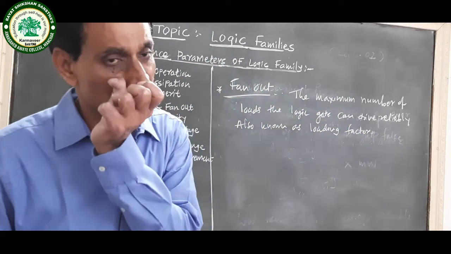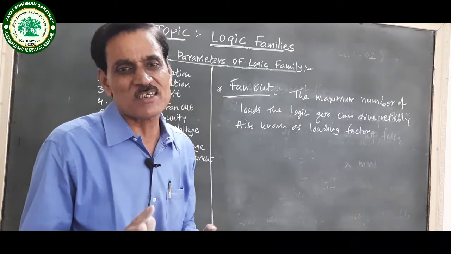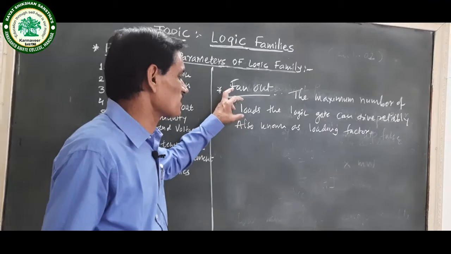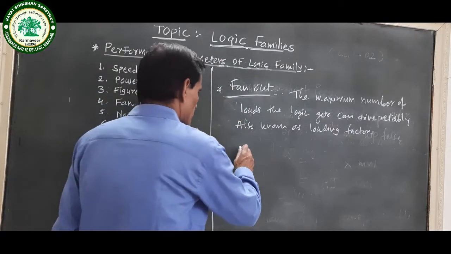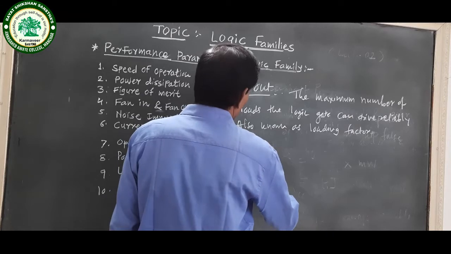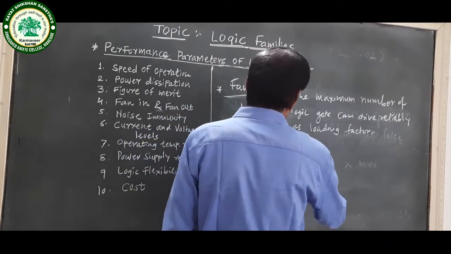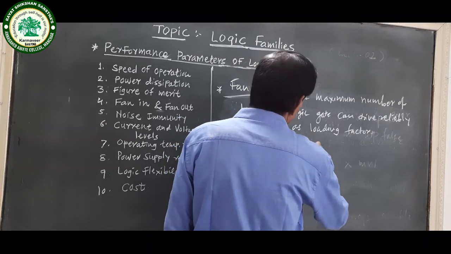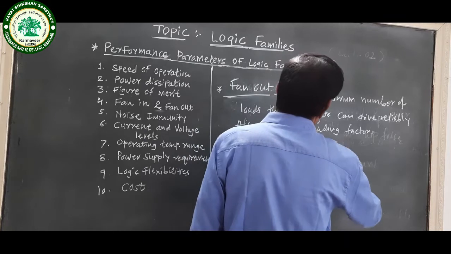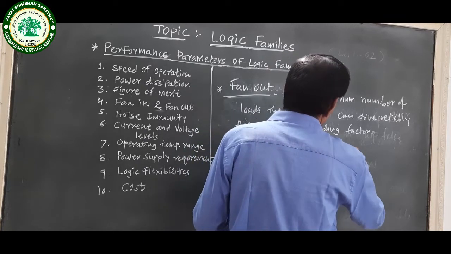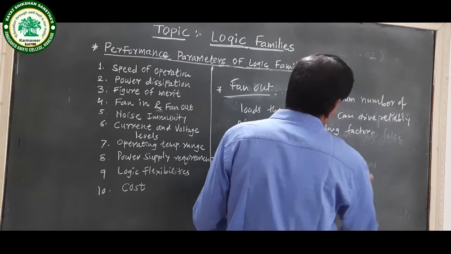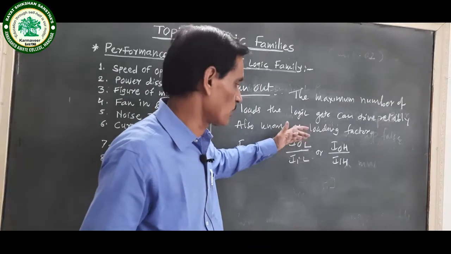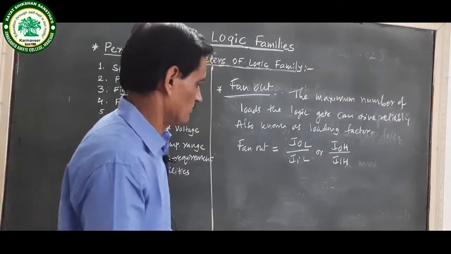How many similar loads you can connect across the logic gate or IC is defined in terms of fan-out, and the relation for fan-out is the ratio of output current to input current, in low state or high state, IOH upon IIH. You can define it for low state or high state.